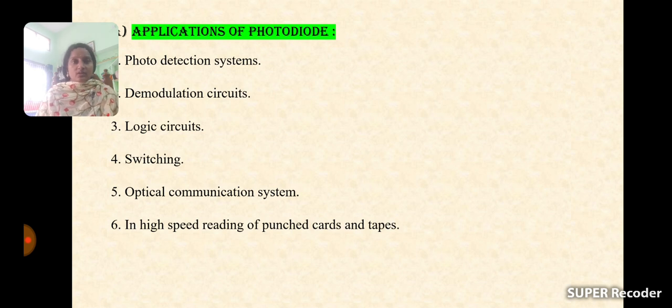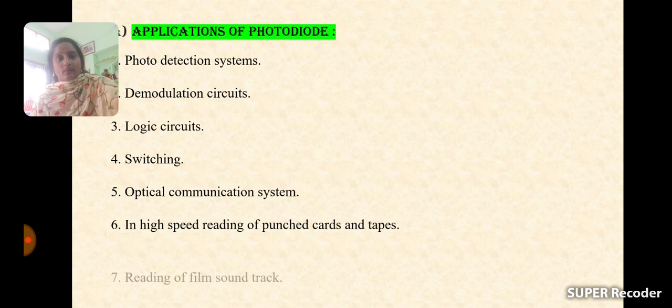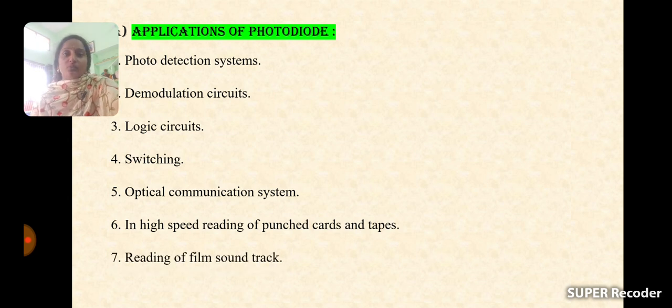Photodiodes are used in photodetection systems, demodulation circuits, logic circuits, and also in switching, also in optical communication systems, and in high speed reading of punched cards and tapes, and also used in reading of film soundtracks.